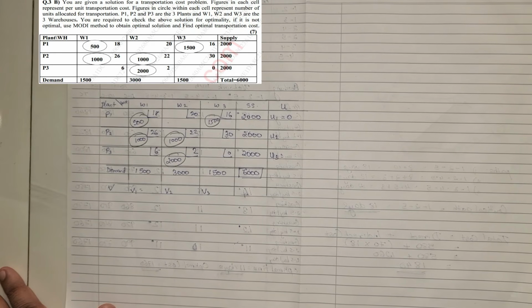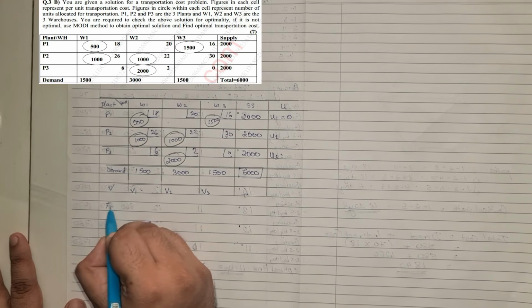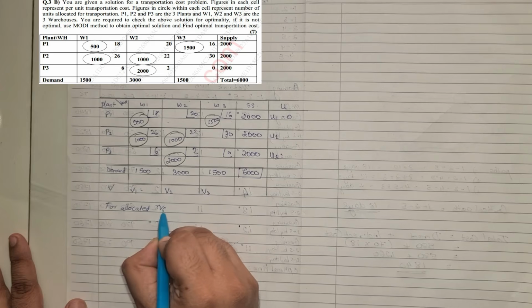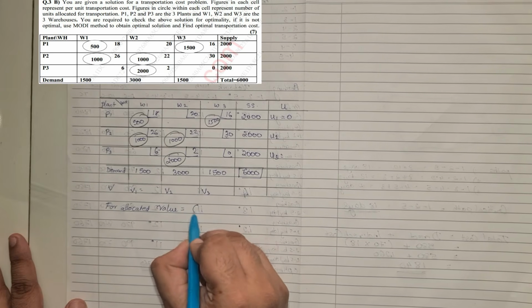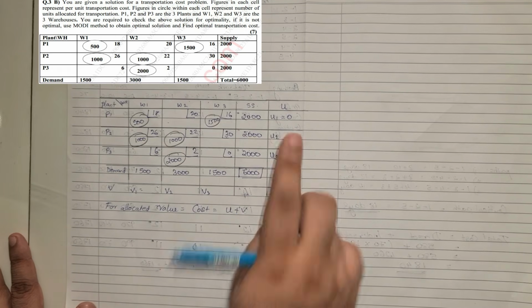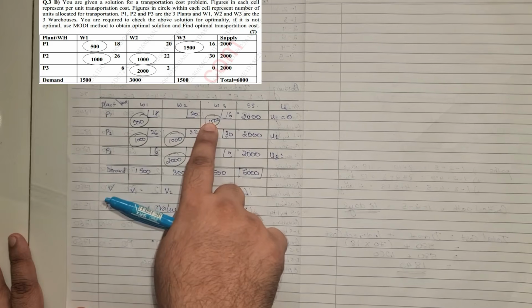Now first thing, remember to note down the formula. This is for allocated values, we are finding for all allocated values. The formula is cost is equal to U plus V. Let's say in the first row, the allocated is 1500.